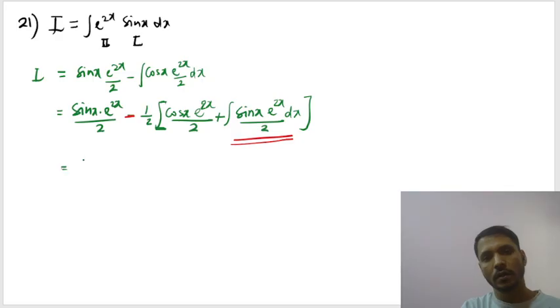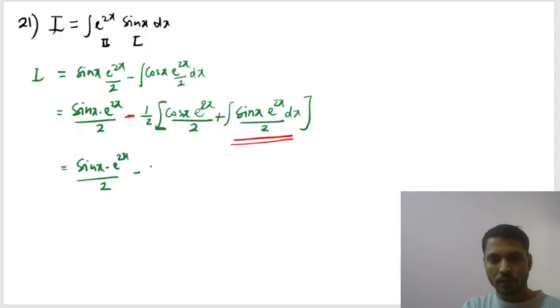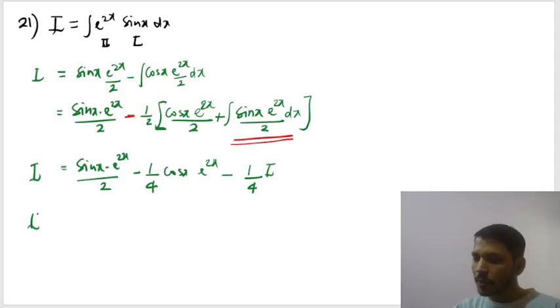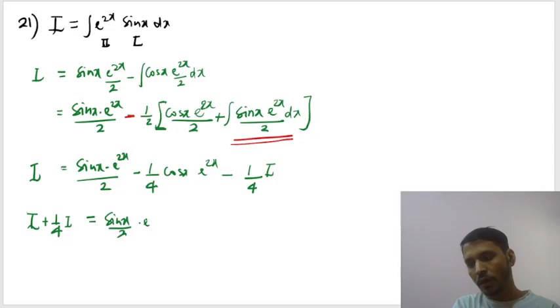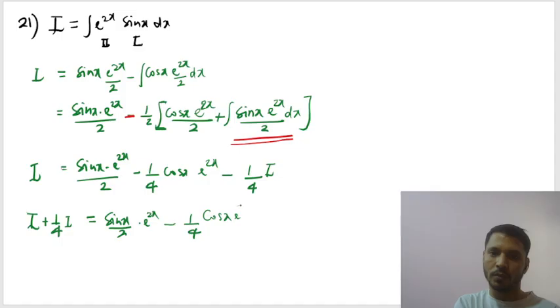We can write it as sine x e to the power 2x divided by 2 minus 1 by 2 into 1 by 2, it will become 1 by 4, and cos x e to the power 2x, and here minus 1 by 2 into 1 by 2, it is 1 by 4, it is 1 by 4 I, and left side already it is I. So we are going to take I, and I plus 1 by 4 I, and this is equal to sine x by 2 and e to the power 2x, and minus 1 by 4 cos x e to the power 2x.